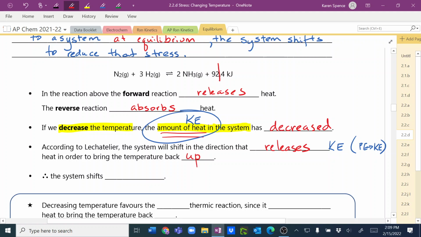If I decrease the temperature, which way will we shift? To the right. Yes? So unless you're asked to explain it, you can just use the same old rule. The system will shift towards a decrease and away from an increase. You can just treat the heat term as though it were a substance, which it isn't, but you can use that, okay? So the system is going to shift to the right.